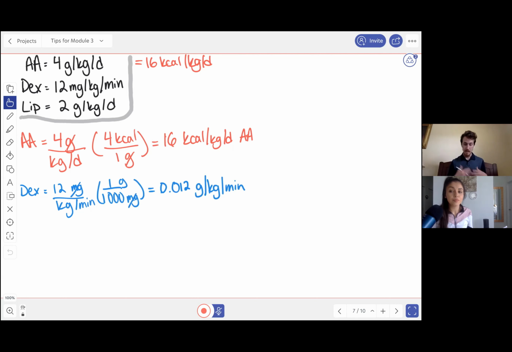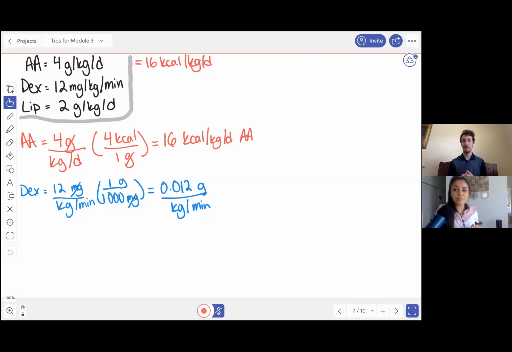Okay, next, again, we want the answers in calories per kilogram per day. So we're going to get rid of the minutes. And just like before, we're going to assume that this infant parenteral nutrition is going on for 24 hours a day. And like we calculated in the previous example, that's going to give us 0.012 grams per kilogram per minute.